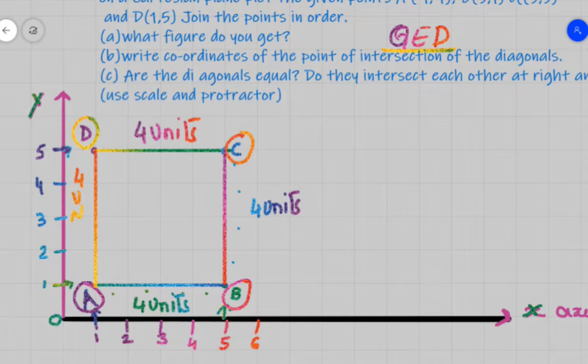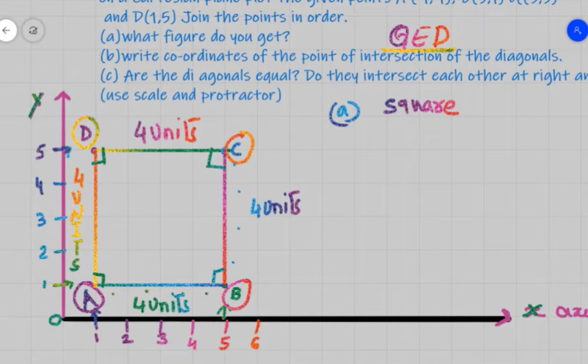That means you have got a square because this one is 90 degree. You have just seen when I was joining the points with the scale, we have 90 degree. These are perpendicular to one another. So you have got a square. So for your answer, the first one, what figure did you get? You get a square.